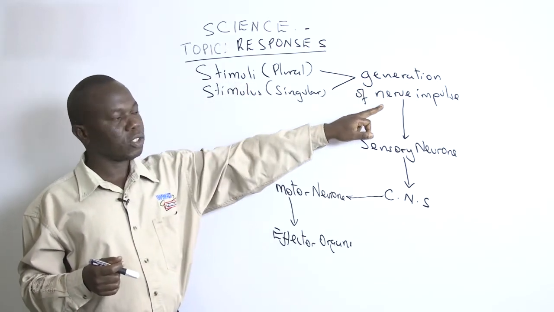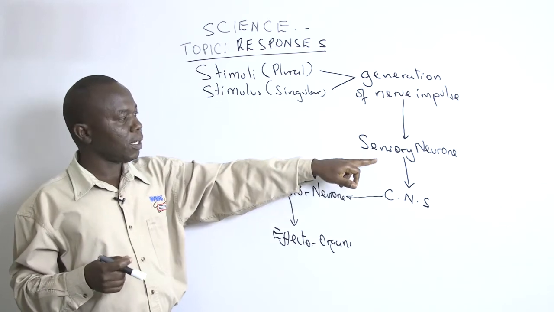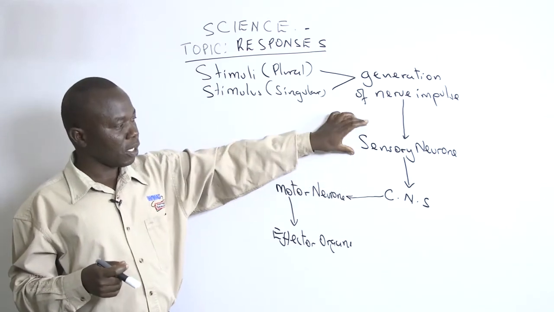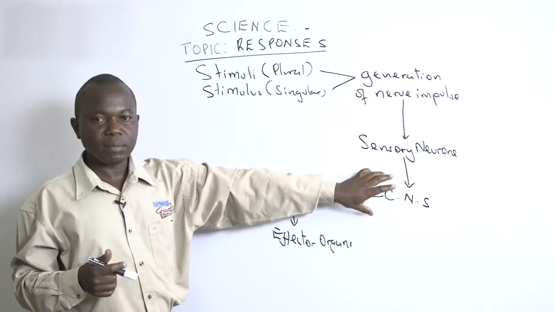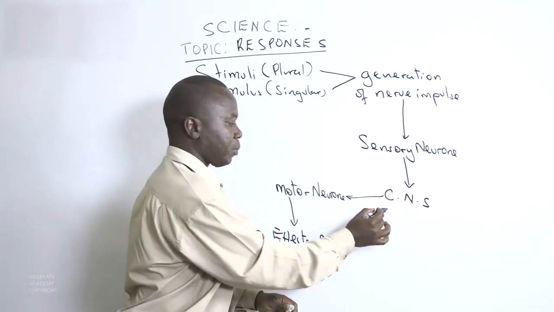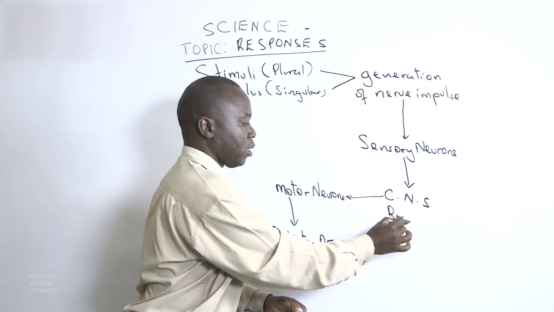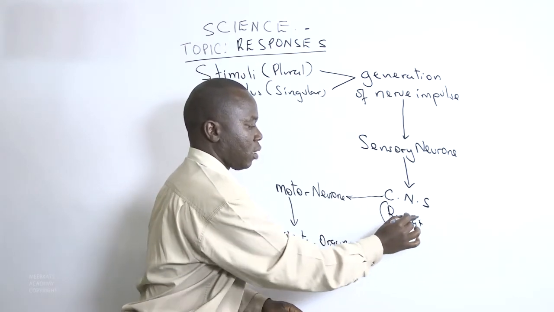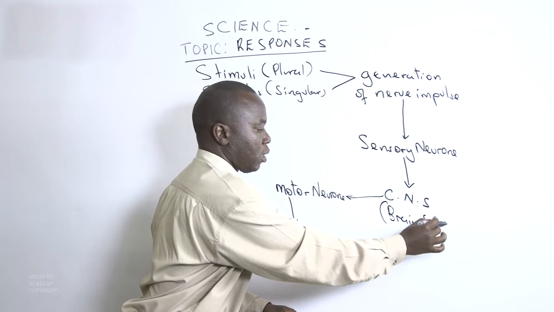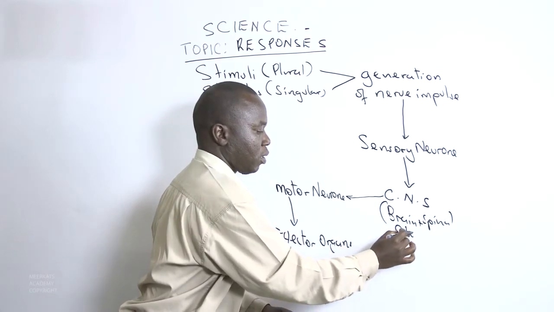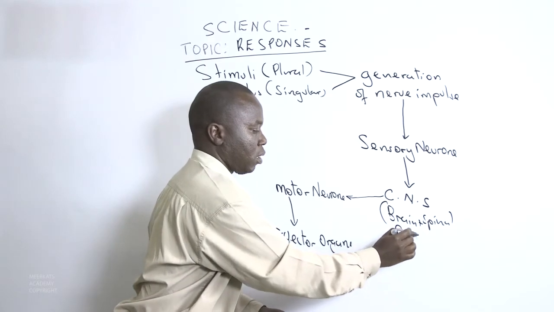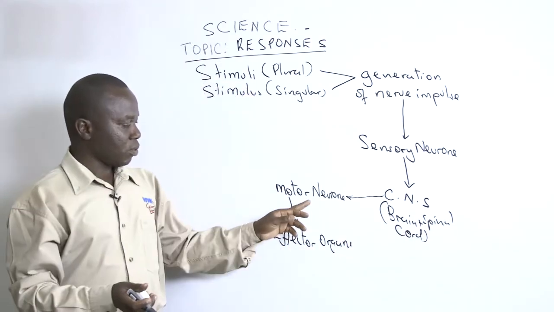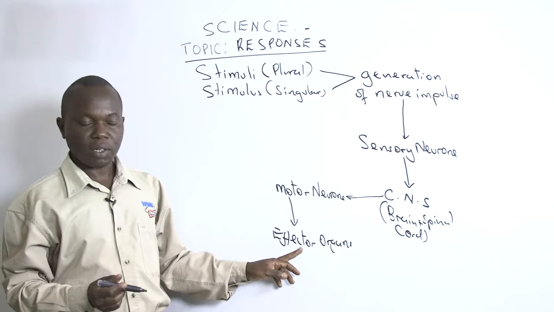There will be generation of a nerve impulse, which will be conducted via the sensory neuron to the central nervous system, the brain and the spinal cord, and then to the motor neuron to effector organs.